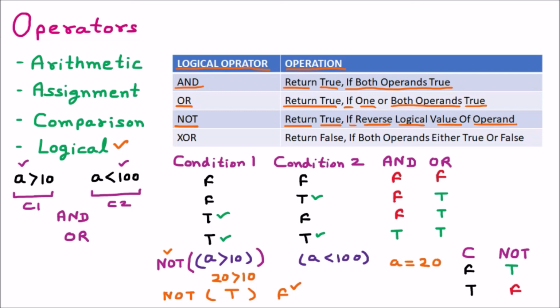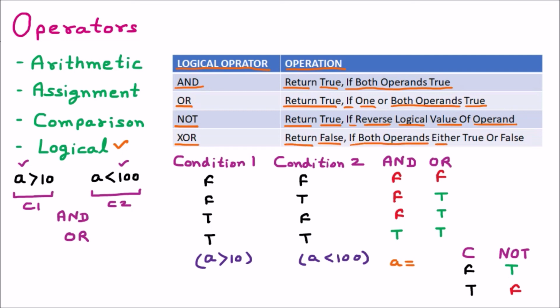Now we are learning the next logical operator, which is XOR. The XOR operator says that it will return false if both operands are either true or false. If we apply this XOR operator on this table, if both conditions are false, in that case it will give you the false answer.